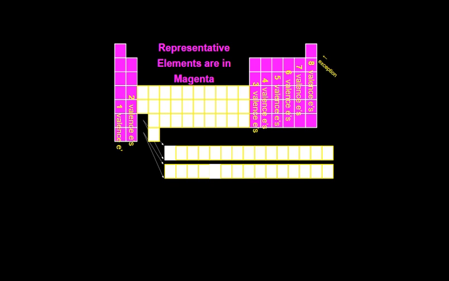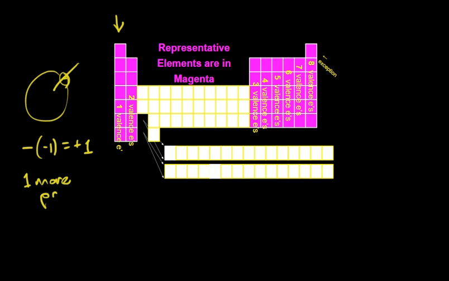If we have something in this first group or family right here with 1 valence electron, let's think about that. If you have 1 electron in the outermost shell, that atom is going to lose that electron, and if you lose a negative thing, you can think about this mathematically and say you end up with a +1 value, or you can just say to yourself, I now have one more proton than electron.